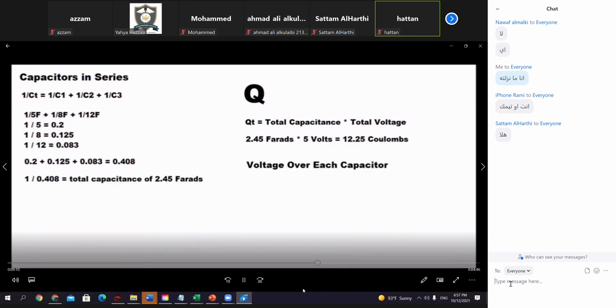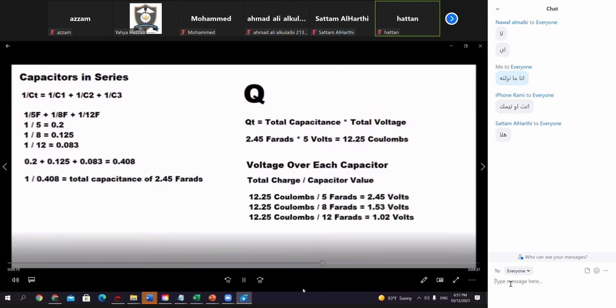The voltage across each capacitor is calculated by the total charge divided by the capacitor value. So capacitor 1 is 5 farads. Total charge is 12.25, so 12.25 divided by 5 gives us 2.45 volts. Capacitor 2 is 8 farads, so 12.25 divided by 8 gives us 1.53 volts.